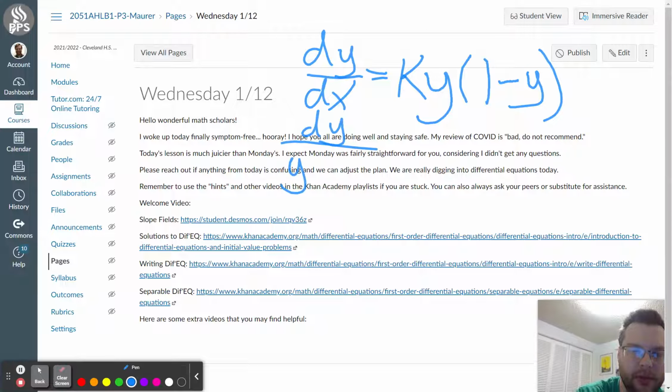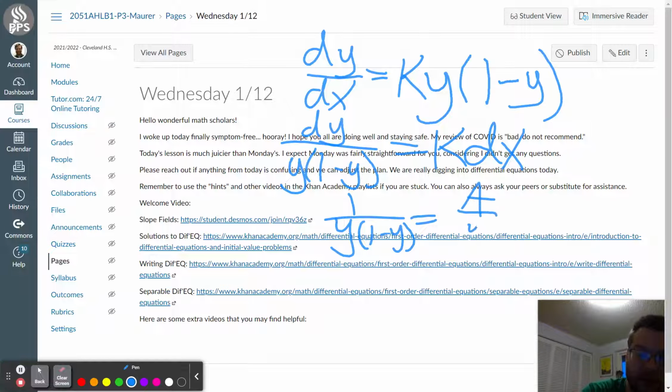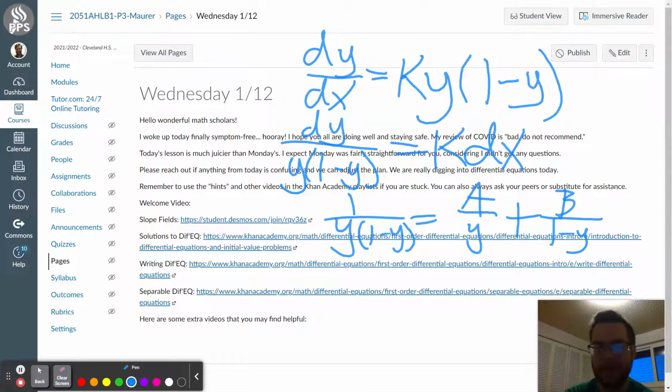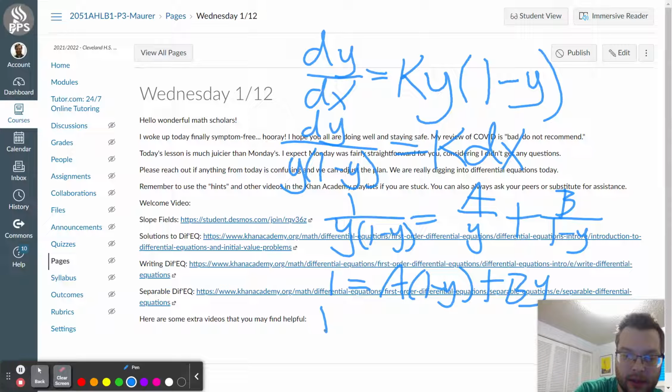We go dy over y times 1 minus y equals k dx. The left side, we can use partial fractions. So we can say that 1 over y times 1 minus y equals a over y plus b over 1 minus y, getting 1 equals a times 1 minus y plus b times y. If you plug in y equals 1, you get b equals 1.